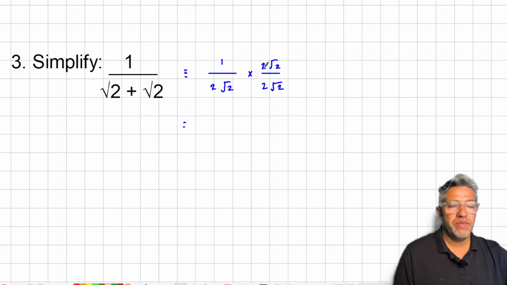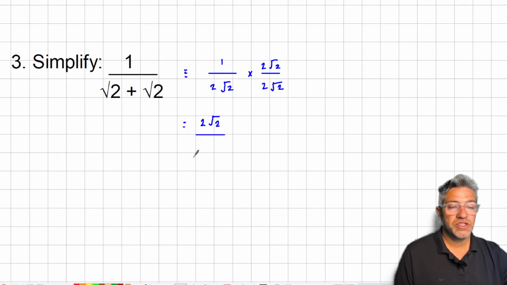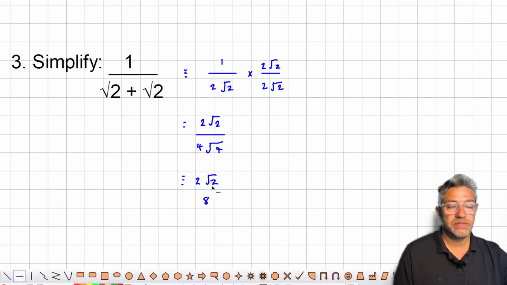What will that give me? 1 times 2 root 2 is 2 root 2. Then my denominator, 2 times 2 is 4. Root 2 times root 2 is root 4. That gives me 2 root 2 over 8.